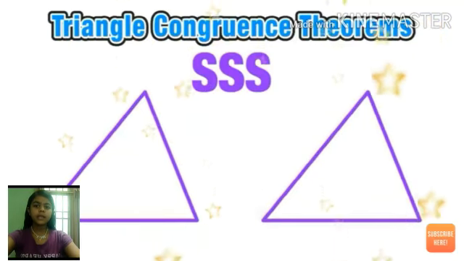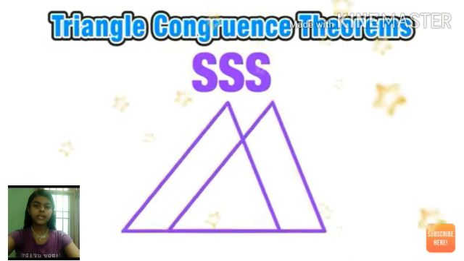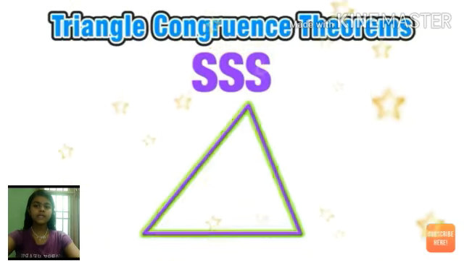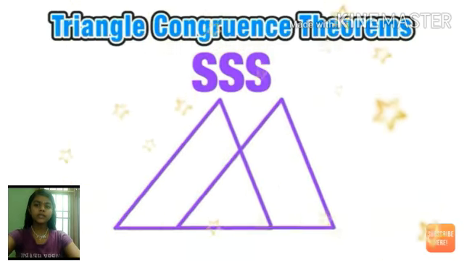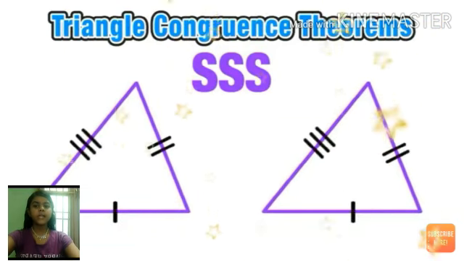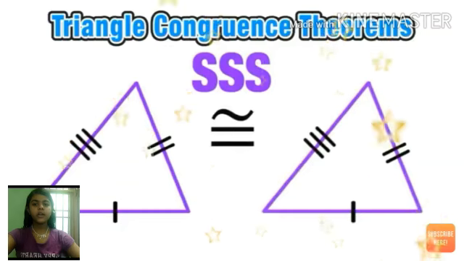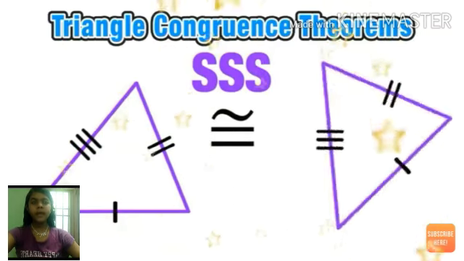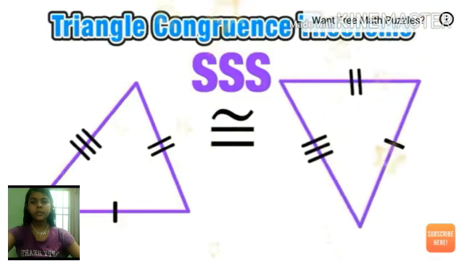We can say these are congruent by the SSS rule because the first side is equal to the other triangle's first side, and the other two sides are also equal. So we can say these two triangles are congruent. It can be moved in any direction, but it is still said to be congruent.